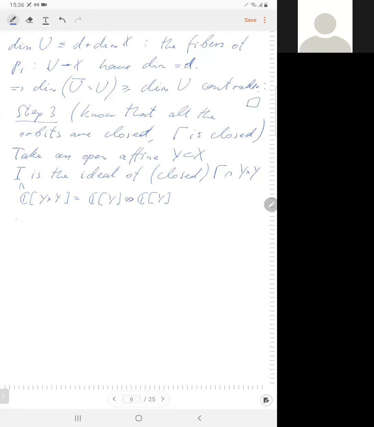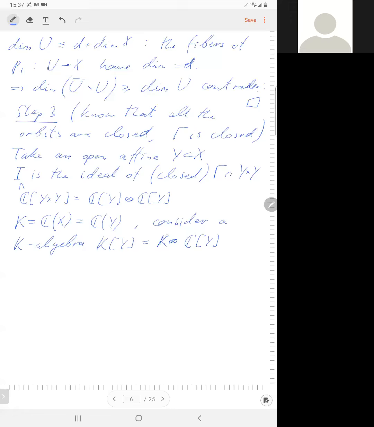So we consider this field of fractions K, rational functions on X. It coincides with the field of rational functions on Y, and consider a K algebra, K of Y tensor C of Y. Okay.